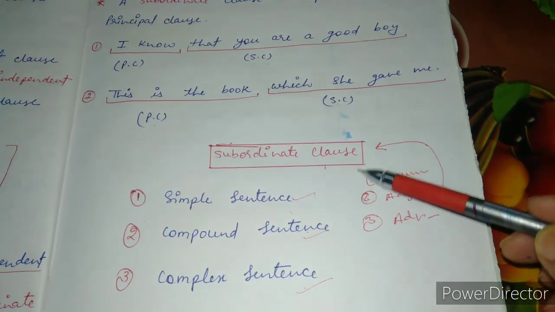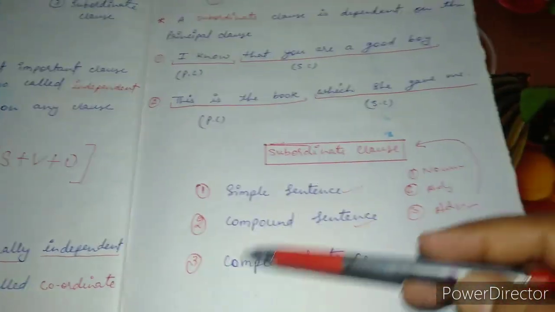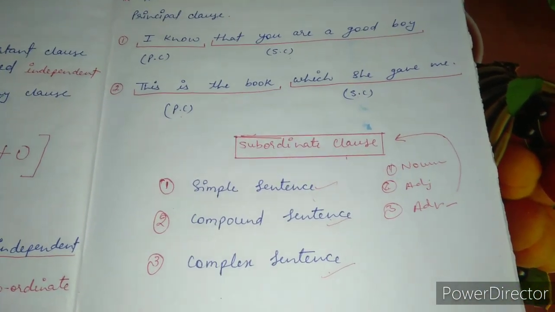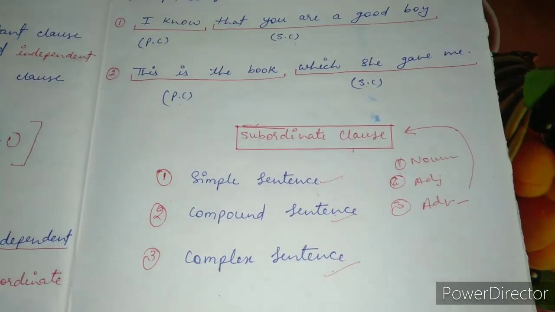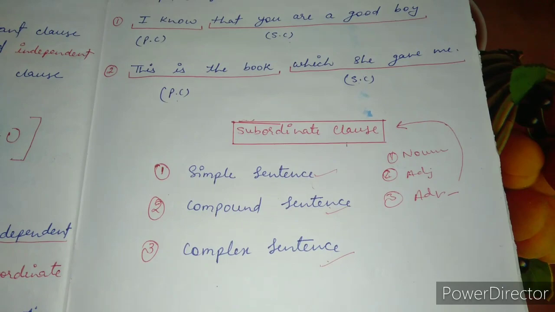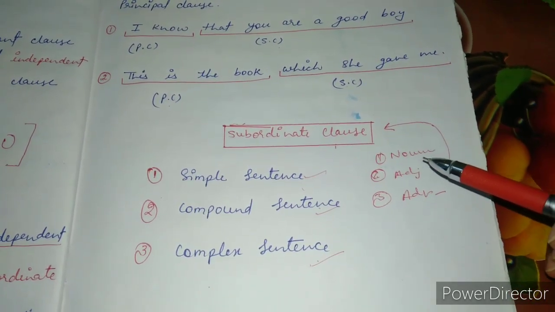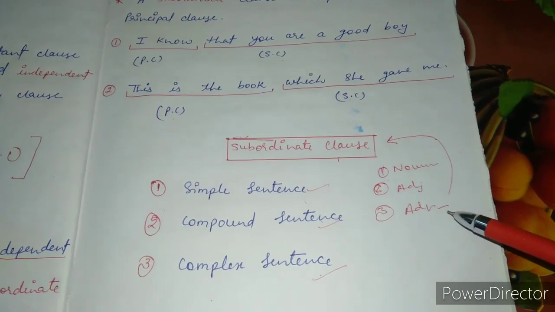To understand these three, I have given all this explanation, because if you understand what is principal or main clause, coordinate clause as well as subordinate clause, then only you will be able to understand noun clause, adjective clause and adverb clause.